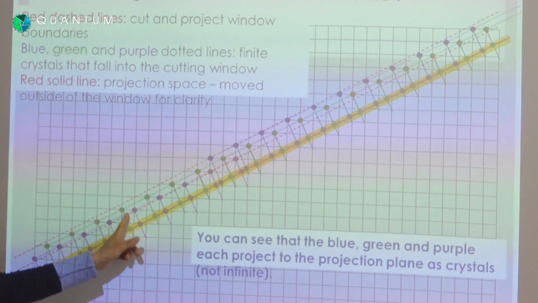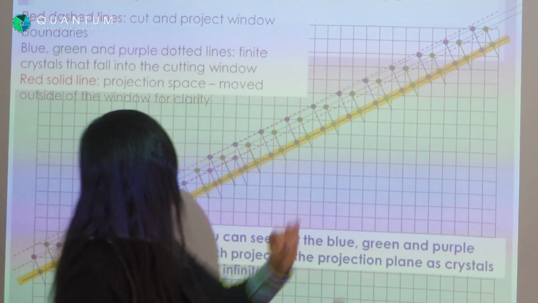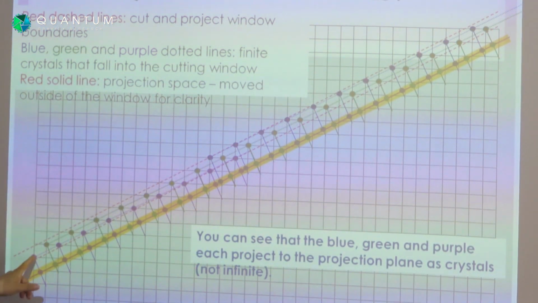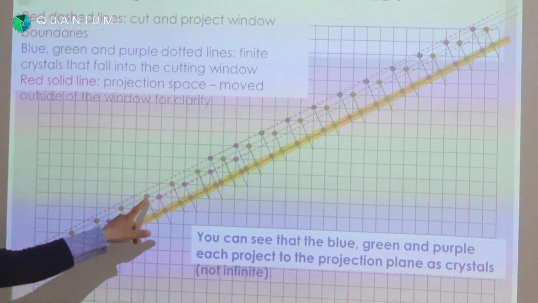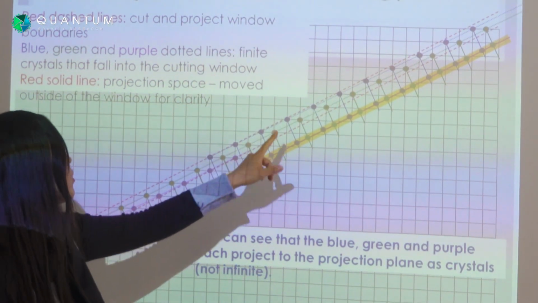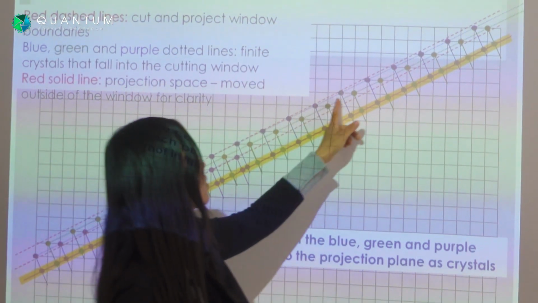You can see they're equally spaced, these green ones. And similarly, there is a purple one here that is the same thing. It's falling off the space, but here you can keep going a little bit. And then here you have a blue one, right?